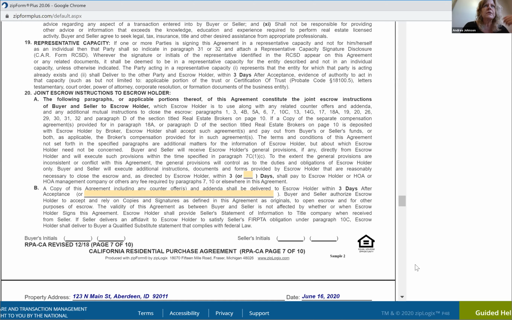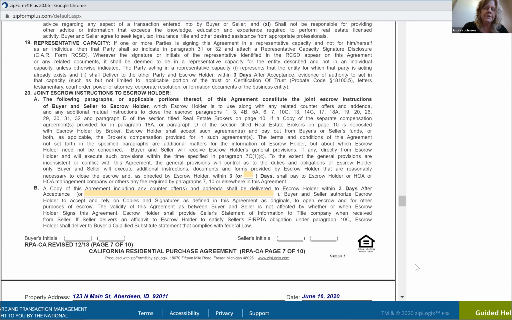What this does, if the buyer is purchasing in a trust, then the trust is the buyer. And the RCSD, since a trust is a pile of paper that you can't put a pen in its hand, right? The RCSD is the document that ties the person authorized to sign on behalf of that entity, the trust or the LLC, that the RCSD ties the actual signer to the buyer or seller, whichever it is.